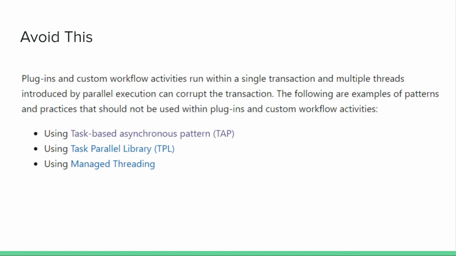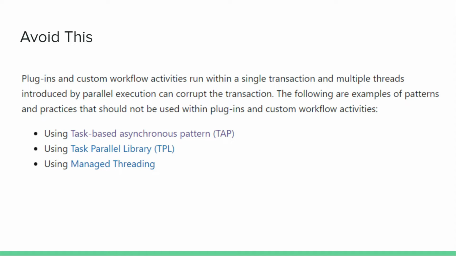So you have to avoid any code that depends on multi-threading, parallel libraries or task-based asynchronous patterns. Plugins and custom workflow run in a single isolated transaction, and multiple threads introduced by parallel execution can corrupt the transaction.